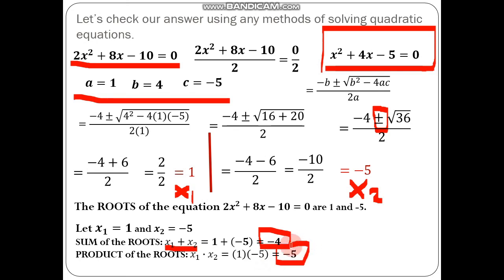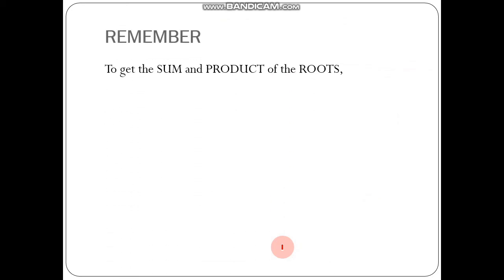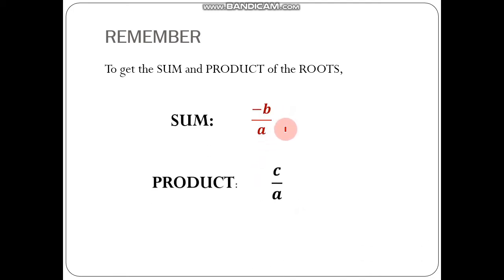As you can see, we have the same answer. Again, to solve the sum and product of the roots of a quadratic equation, just simply use negative b over a and c over a. No need to solve the roots using the 4 methods.